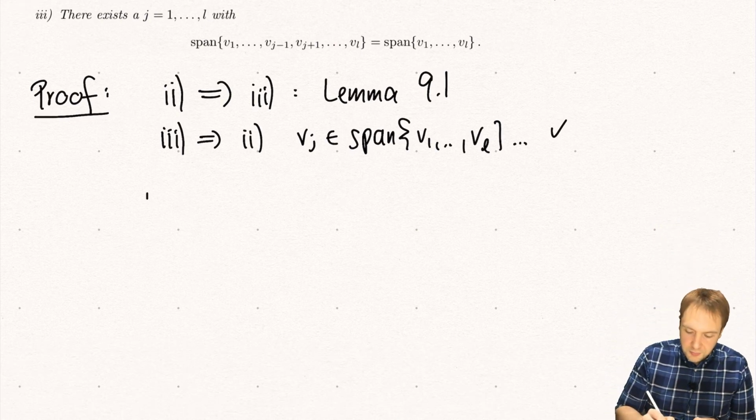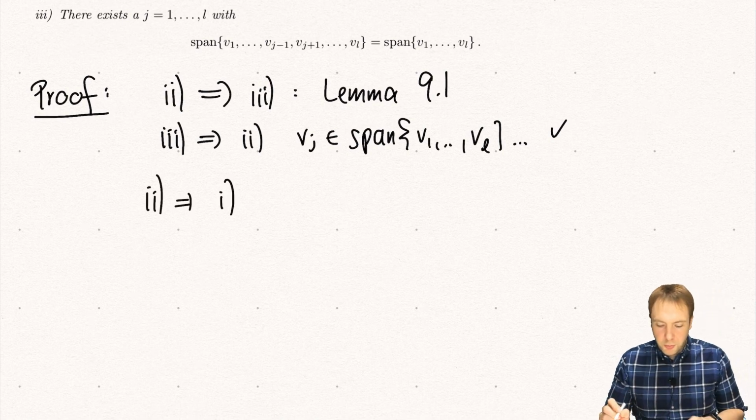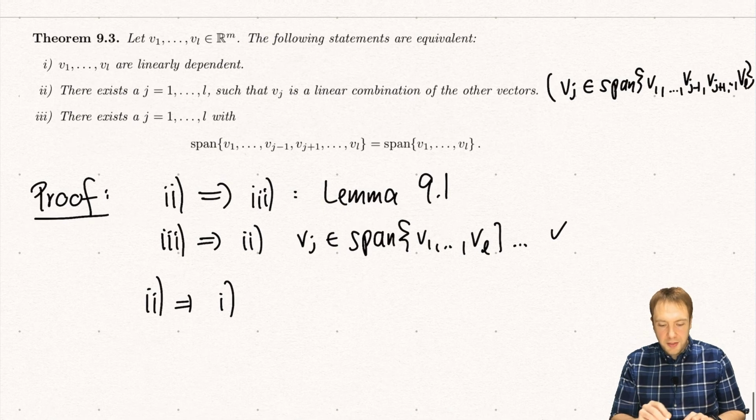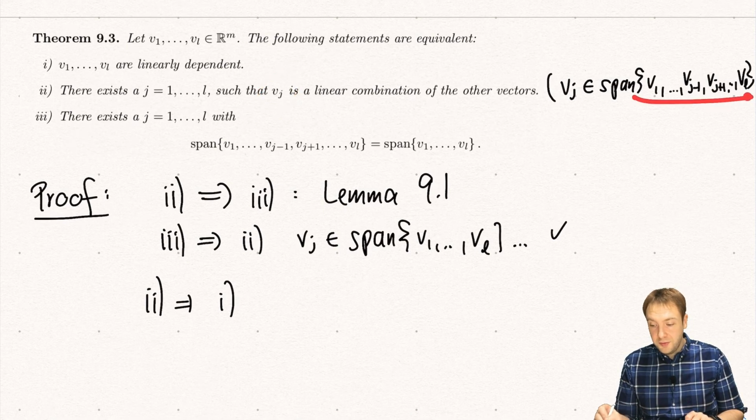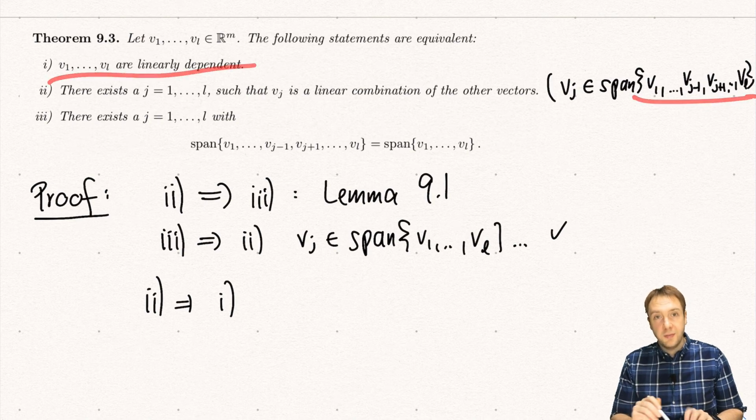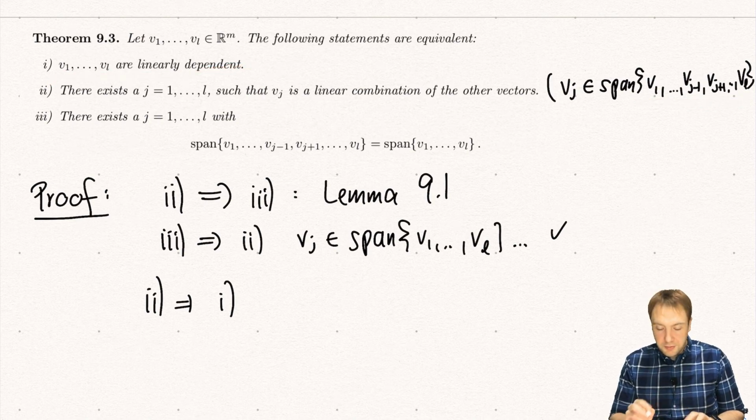And so now number 2 to number 1. We want to show that suppose this Vj is a linear combination of the other vectors, then all these vectors are linearly dependent.